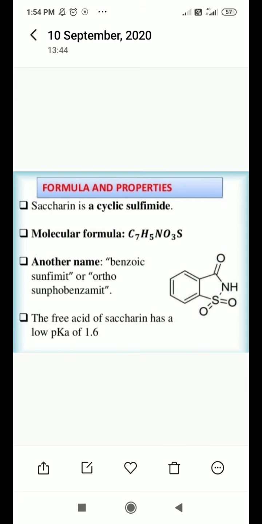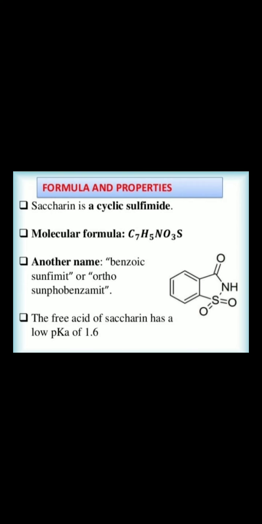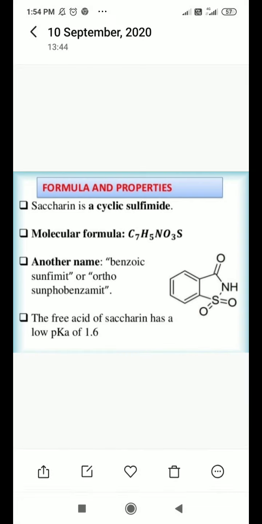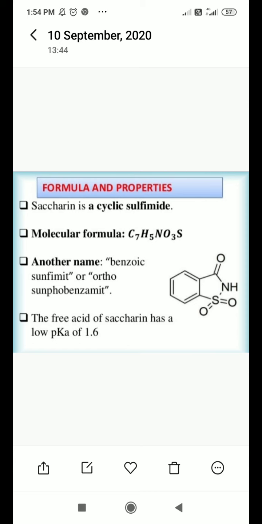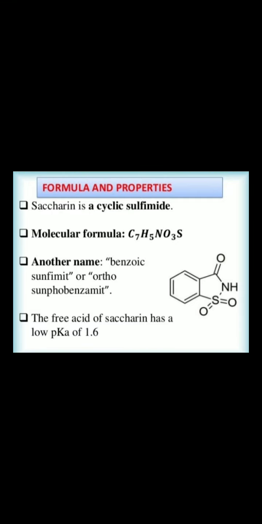Then H5: in this benzene ring, 2 carbons are attached to the other 5-membered ring, and except those 2 carbon atoms, the other 4 carbons each have a hydrogen atom, so that is H4, and 1 H from NH, that is H5.